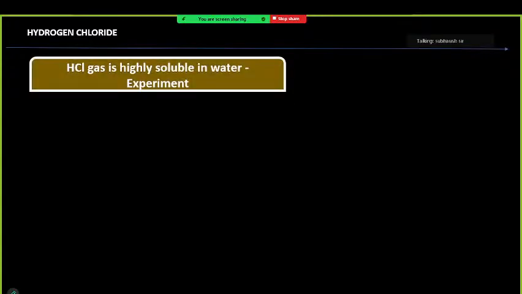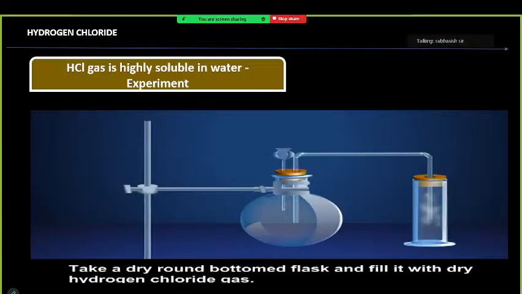Now another experiment shows HCl gas is highly soluble in water. This experiment is known as the fountain experiment, where we take a round bottom flask filled with hydrogen chloride gas.